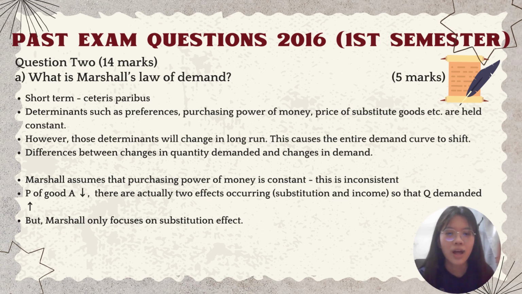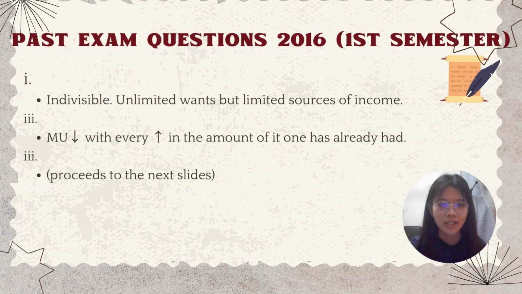This is because when the price of a good drops, there are actually two effects occurring, which are the substitution effect and also the income effect, so that the quantity demanded will increase. However, Marshall only focuses on the substitution effect and ignores the income effect.